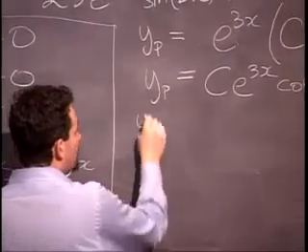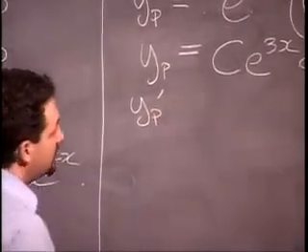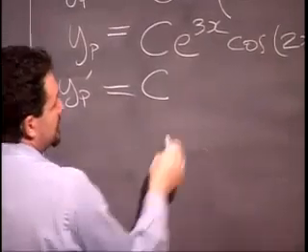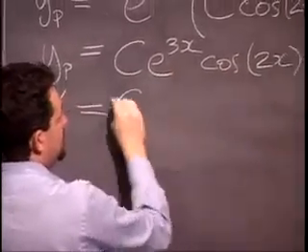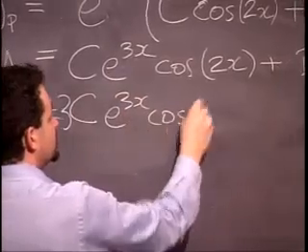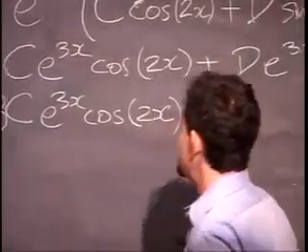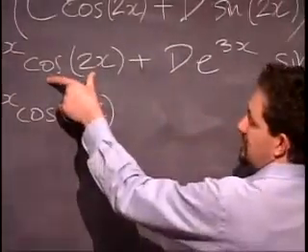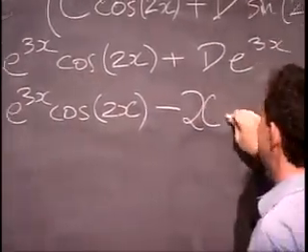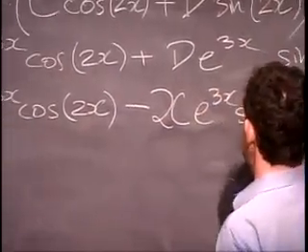So how about yp prime? Well, you've got to use the product rule twice. So you're going to get 3C e to the 3x cosine 2x. And then you're going to get 2 times minus sine, so it's minus 2C e to the 3x sine 2x.